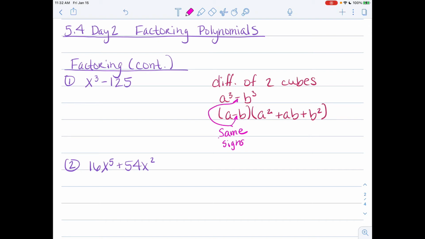So it's got the same sign, and I'm going to underline the S for same. Notice that the next sign that we come across is an opposite sign. So whatever I had to begin with, a negative, this is now a positive. And that's the same thing for sum of 2 cubes as well.